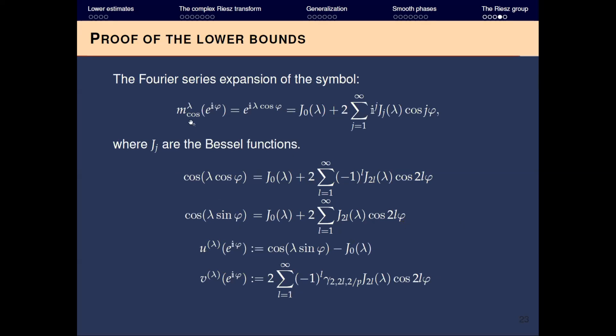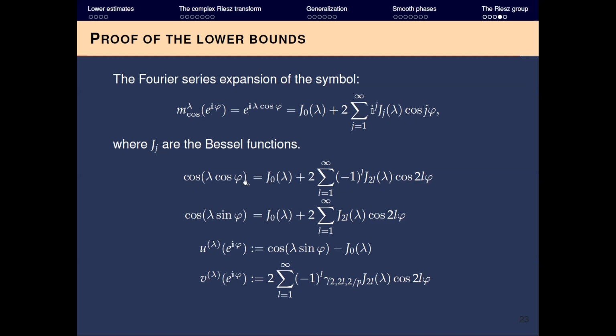Very quickly, you expand the symbol into the Fourier series, and it turns out that the coefficients are again certain Bessel functions of the first kind. So from this identity, you can also arrive at very nice identities for the Bessel functions. Just take the real parts, let's say, of both sides, and you get this identity.